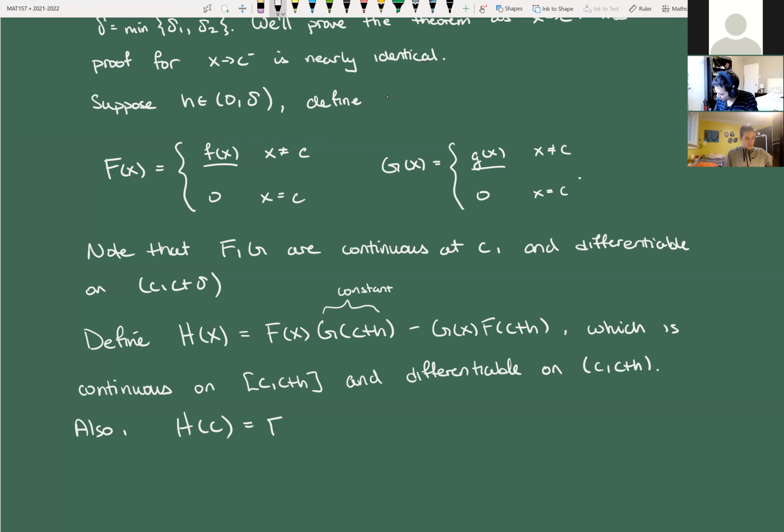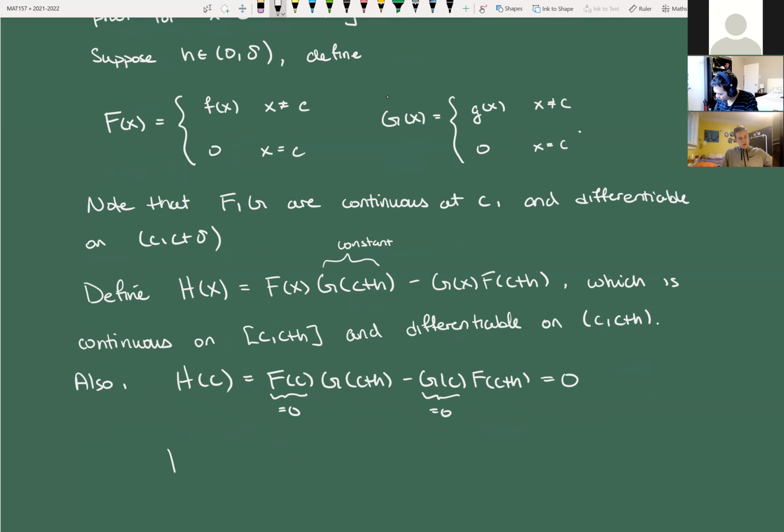Well, let me make clear why. This thing here is equal to 0, and this thing here is equal to 0, right? That's the definition of what capital F is. Capital F is equal to 0 at C, capital G is also equal to 0 at C, if you look at their piecewise definitions up there, so that whole thing is equal to 0.